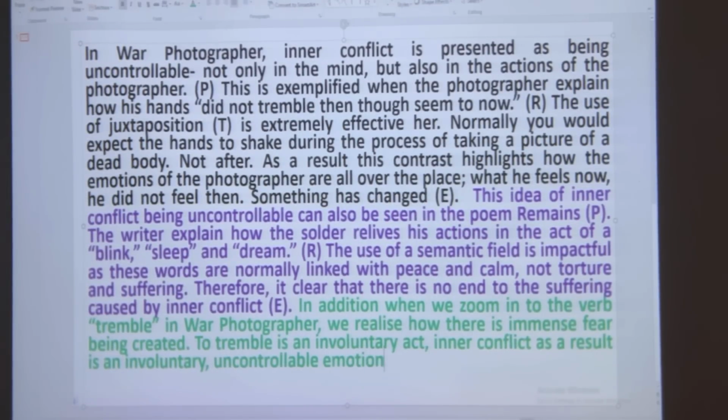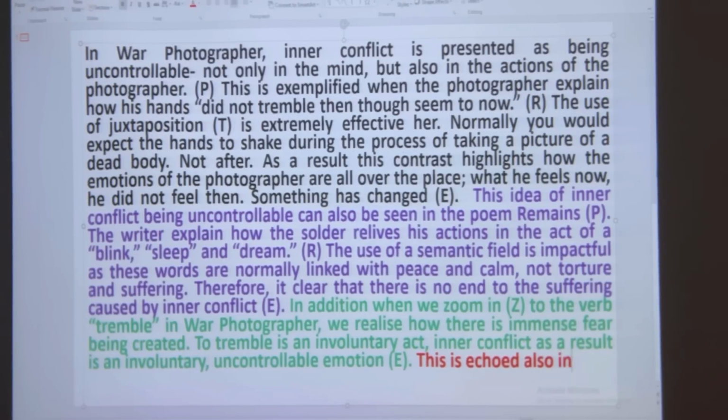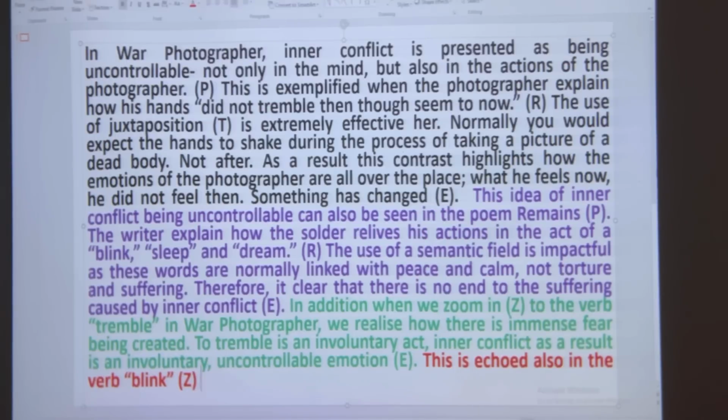Guys, now I zoom in very quickly to poem B and then I end my paragraph. Is echoed also in the verb blink in Remains.